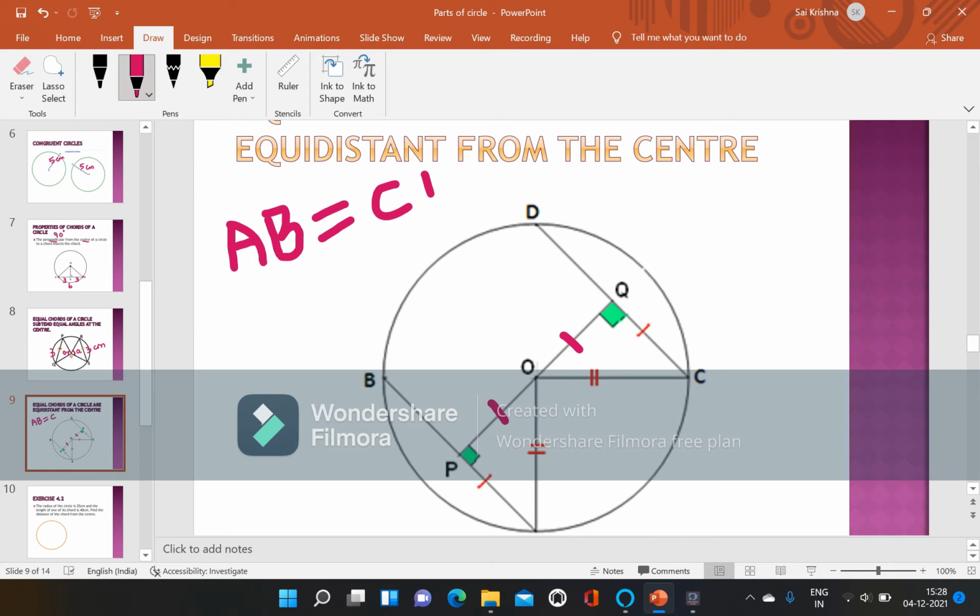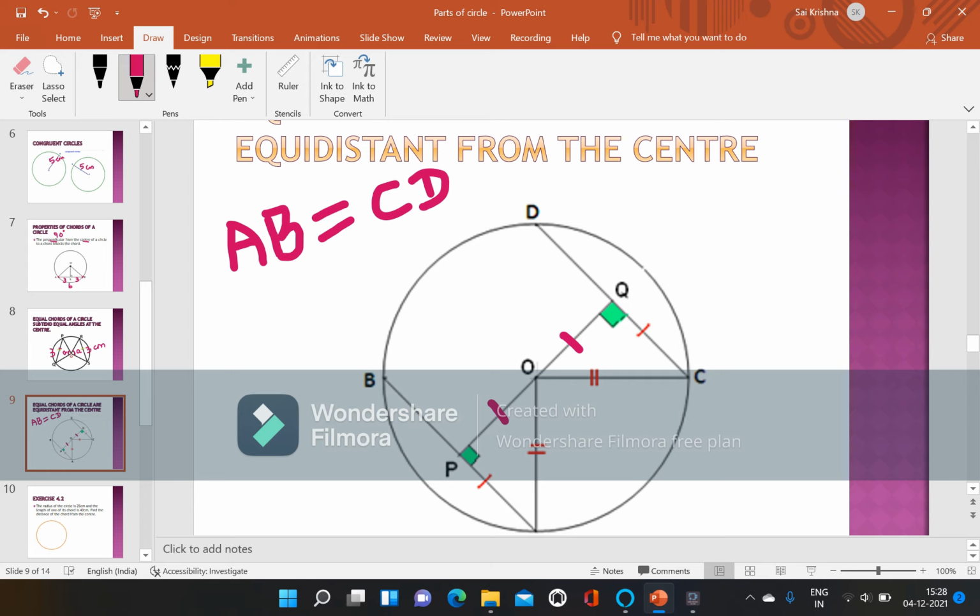And then what we are doing? We are drawing perpendiculars from the center, OP and OQ. And we already know that all the radii have the same measurement. So OA will be equal to OC and AP will be equal to QC. And this angle is equal to this angle. So these 2 triangles are congruent, and by CPCT, that means corresponding parts of congruent triangles, the third side also will be equal.